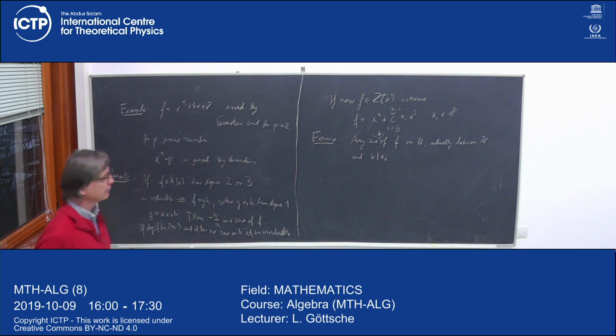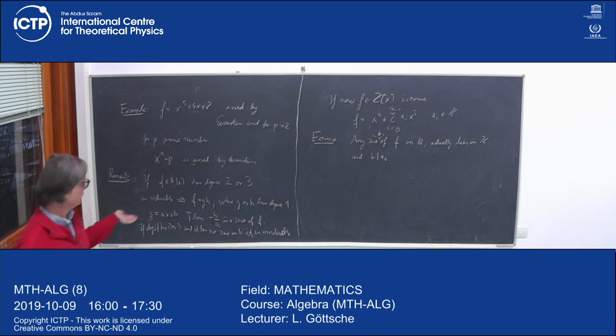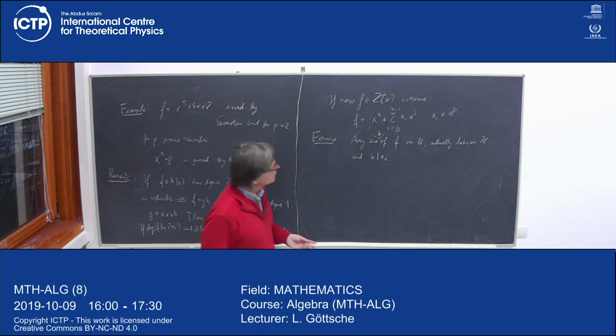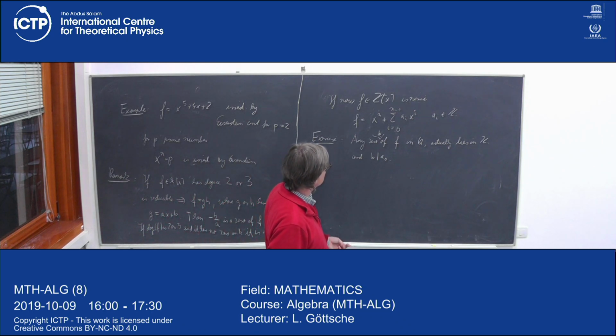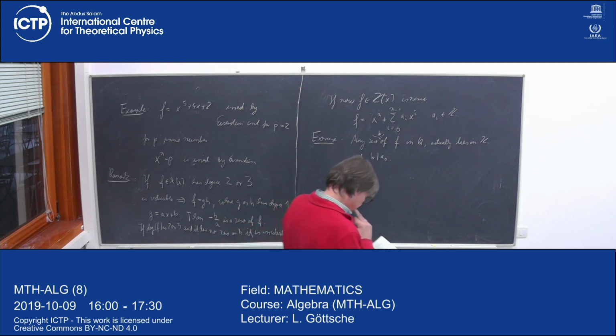So in particular, if for instance the thing has degree 3, there's a very stupid way to see whether it's irreducible, if the coefficients are in Z. If it's reducible, it must have a 0, and this 0 must be a divisor of the constant coefficient, so there are not very many cases to check.